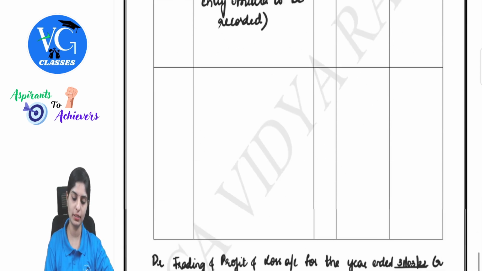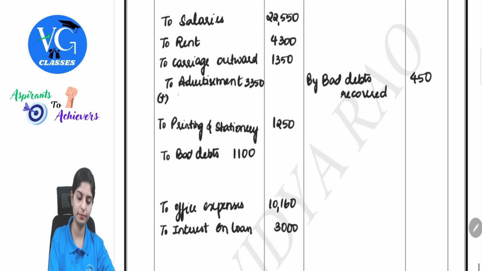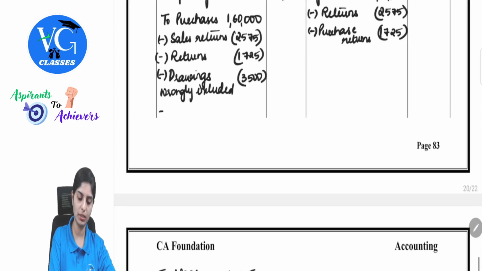Advertisement is an expense. There was already an amount, so we will add to it. Add goods distributed 825. So we will have to subtract 825 from the purchases.